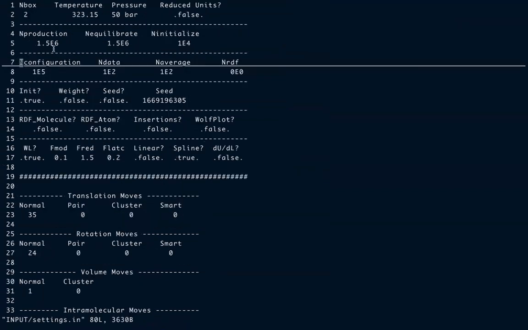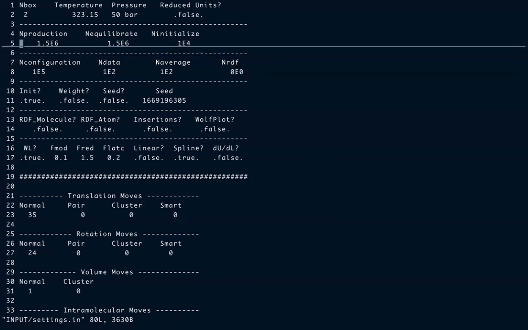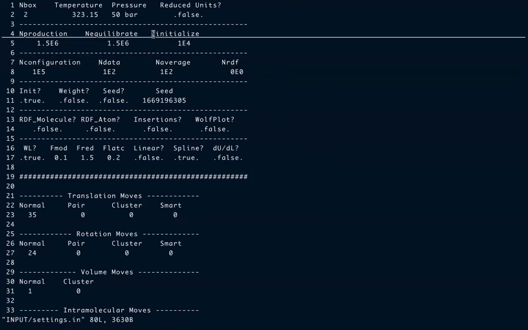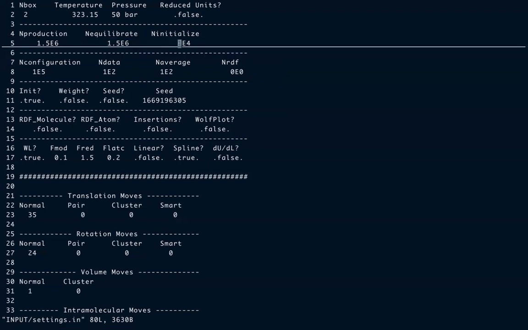Now I have to choose the number of cycles. So in MD, we always had the number of time steps for a simulation, and here we have cycles. So in MC simulations, I have chosen initialization cycles equal to 1E4, which means that in the initialization cycles, all of the translations and rotations are performed, and also all the overlaps are removed such that the system comes down to a minimum energy configuration.